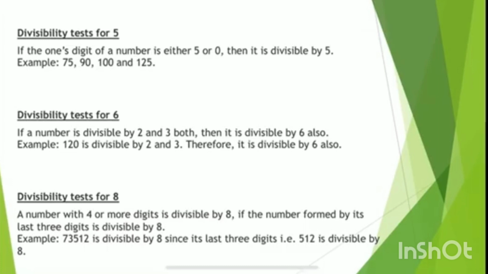Now, let us move towards the divisibility of 8. A number with 4 or more digits is divisible by 8 if the number formed by its last 3 digits is divisible by 8. The example is 73,512, which is divisible by 8 because 512, that means the last 3 digits of the number, is divisible by 8.